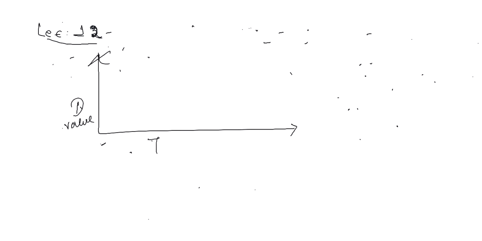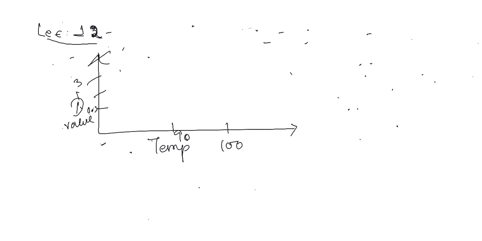Now, another graph we will usually have, if you know the D value. One more graph I have to explain. Suppose this is the graph you are having for D value, and this is your temperature. Maybe here it is 90, and here you have 0.5, 1.